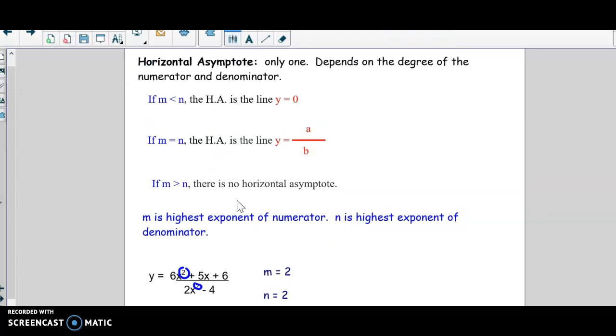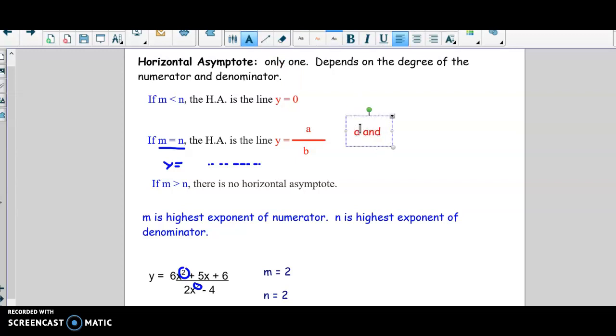If M is equal to N, which is what happened in my example, then according to the chart, the horizontal asymptote is the line y equals a over b. Remember, the horizontal lines that go this way are y equals lines. A and B are the leading coefficients, so I'll make a note of that.